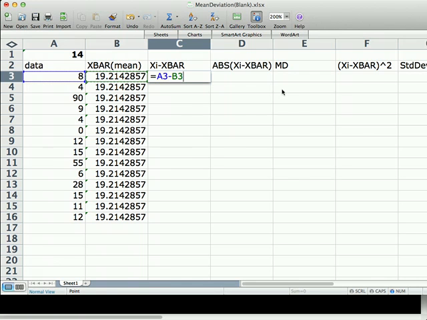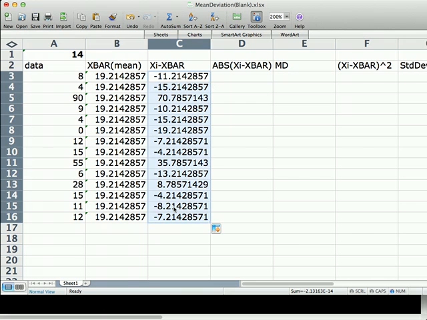So I'm going to take my data point, xi, and subtract the mean. Enter. And when I drag this down, that's what I get. Okay? So 90 is 70.7 units away from the average. 55 is 35 units away from the average.